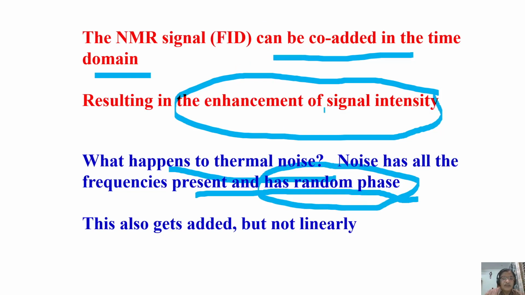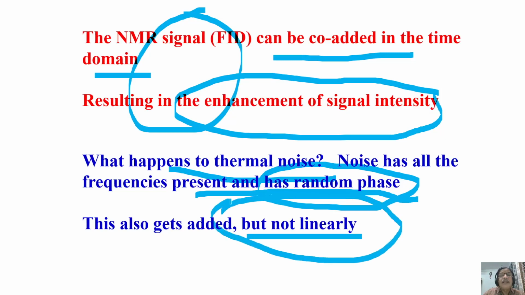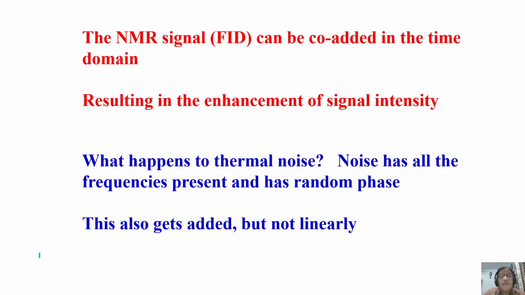As a consequence, this also gets added up, but not linearly. Free induction decay, the peaks from the sample which are in phase, get added up linearly, but noise will not get added up linearly. So as a consequence, after you keep on acquiring for a long duration, because it's a random phase, when you take the average, this noise keeps on reducing.